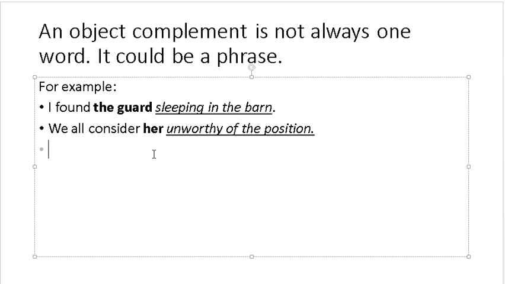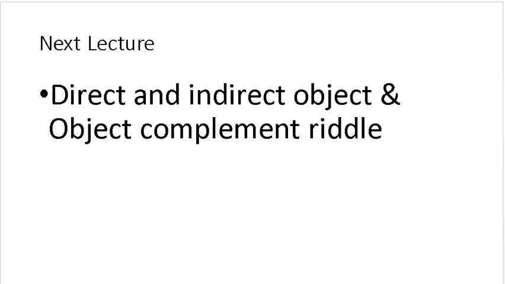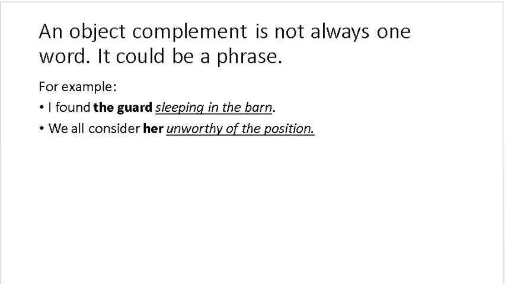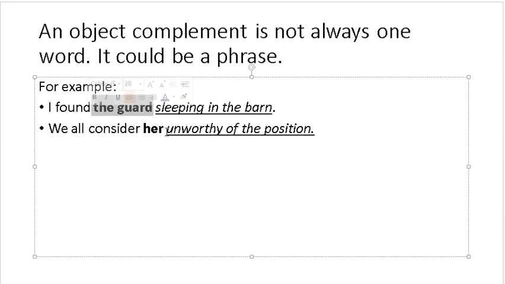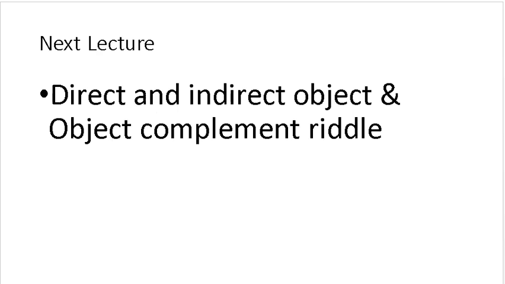So now we have learned in this lecture about subject and object complement. But sometimes, here we were talking about direct object. This is a direct object. This is a direct object. Sometimes students are quite confused about direct and indirect objects.